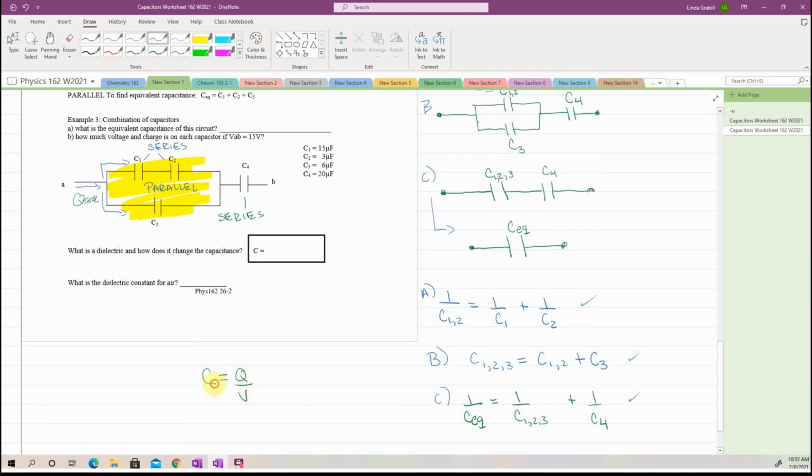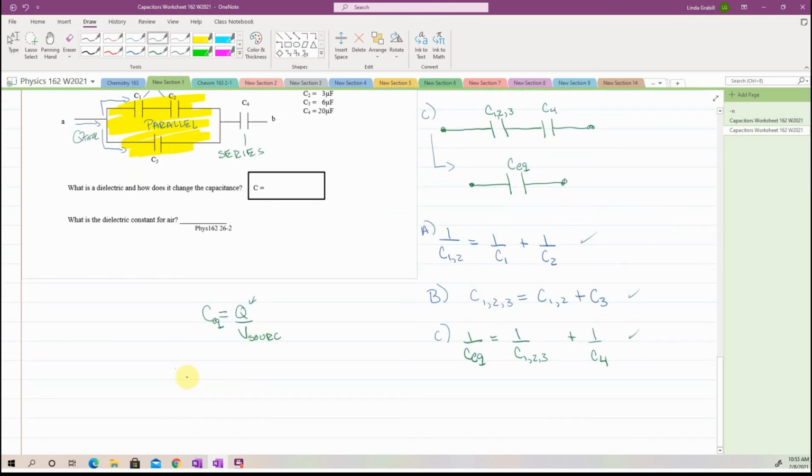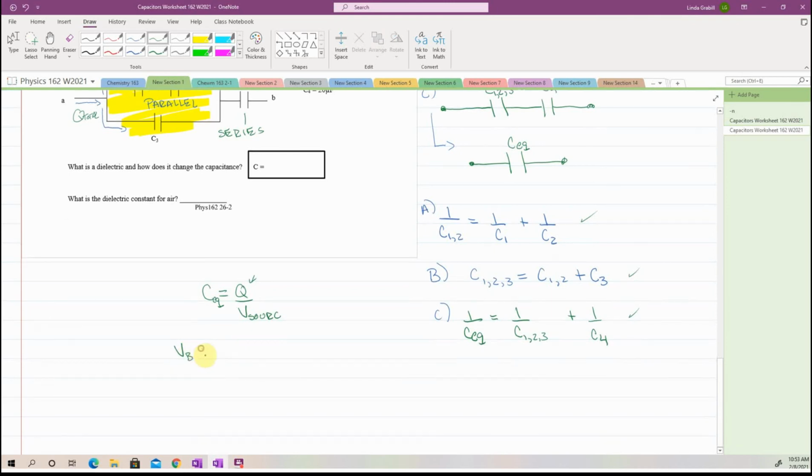So my CEQ times my V source will give me the amount of charge. So I can rewrite that: my V source, and sometimes you'll see that written as VB for V battery, times CEQ will give me the total charge that this circuit will carry.